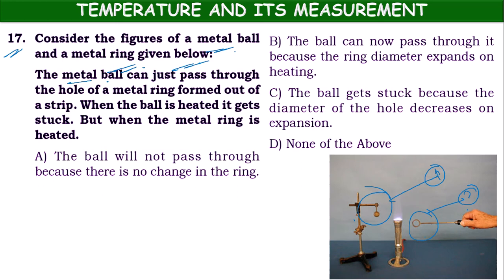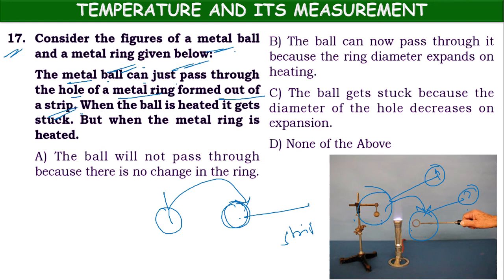The metal ball can just pass through the hole of the metal ring formed out of a strip.